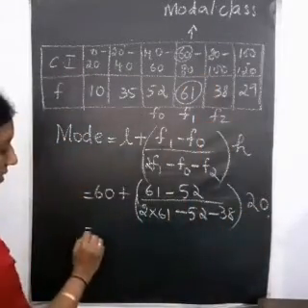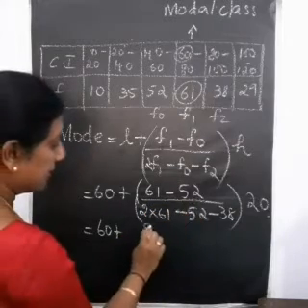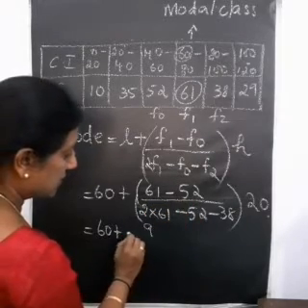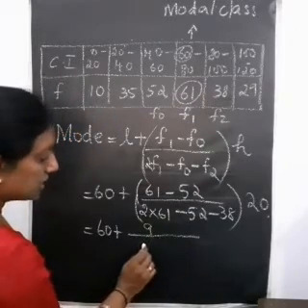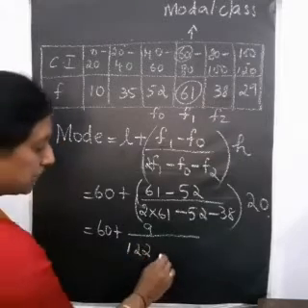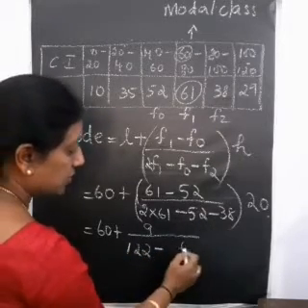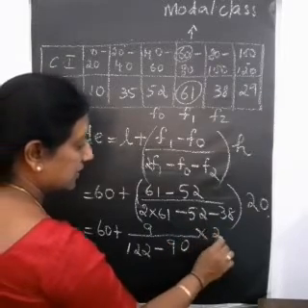Now 61 minus 52 is 9, divided by 2 into 61, which is 122, minus 90, into 20.